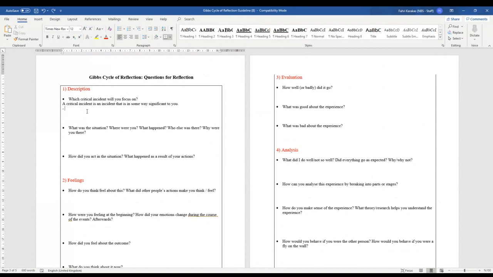What happened recently that you will focus on? This is an incident that is significant to you. Maybe you had a conflict, or you failed. You had some serious failures. Or maybe you had an accident.